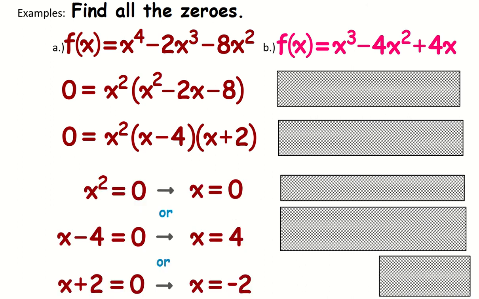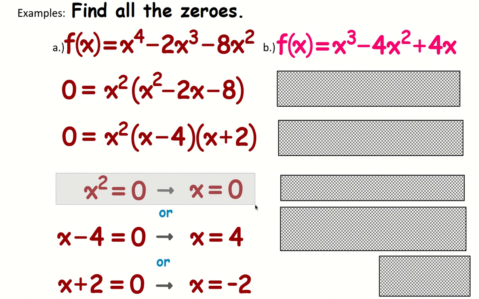Technically, we're setting them all equal to 0, but look, was it a big shock that we ended up with, once you knew this was a bubble, one of our zeros is 4. And because this was a bubble, one of our final zeros was -2. And because we had a GCF of x squared, technically we get a 0 of 0. Okay, so get used to this.